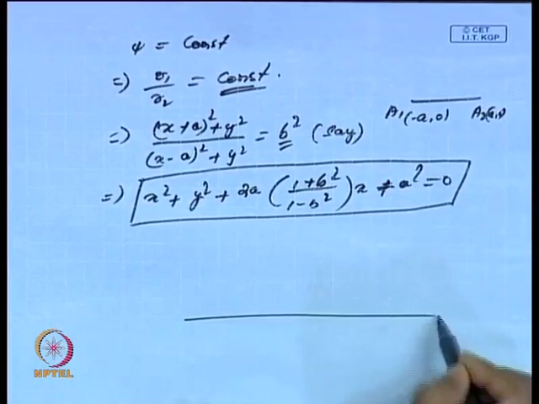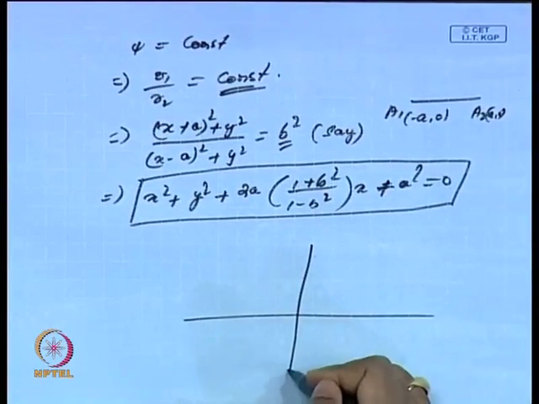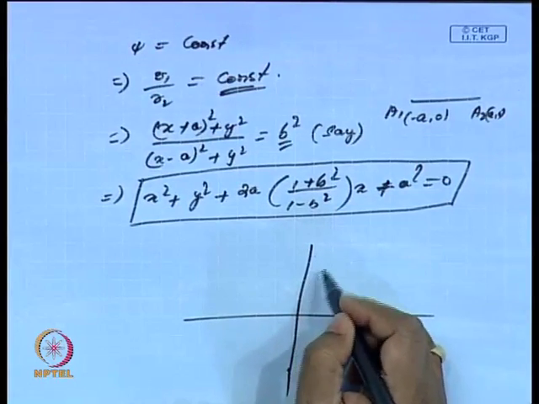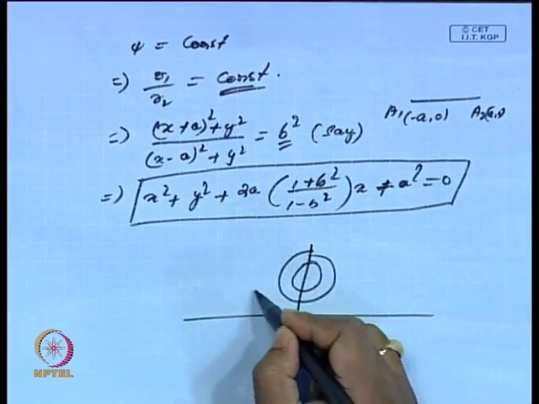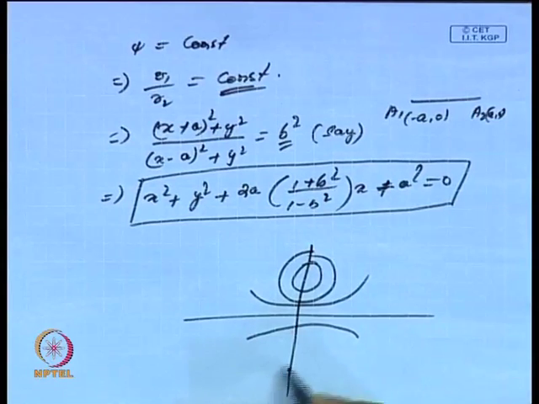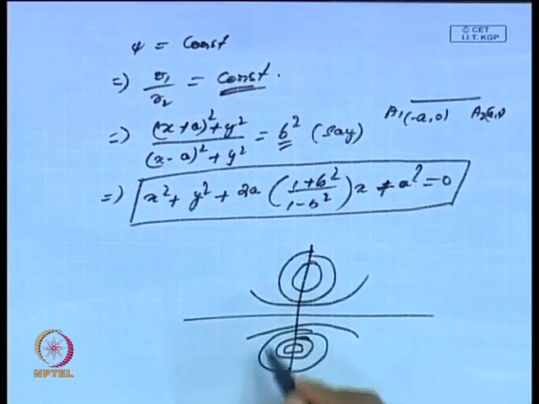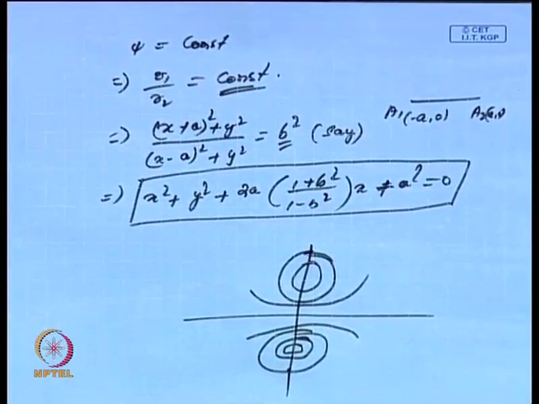Along this axis, it will look like this. These are the streamlines. In fact, these are circles.